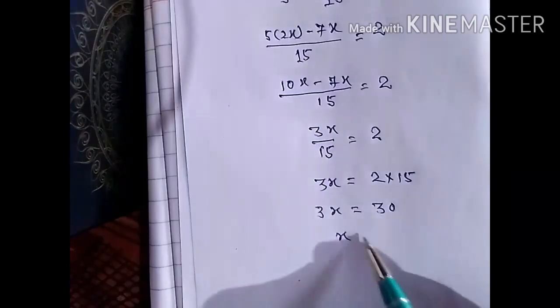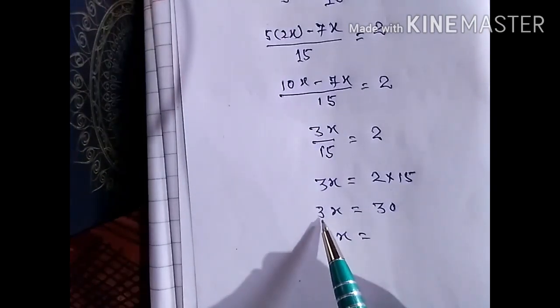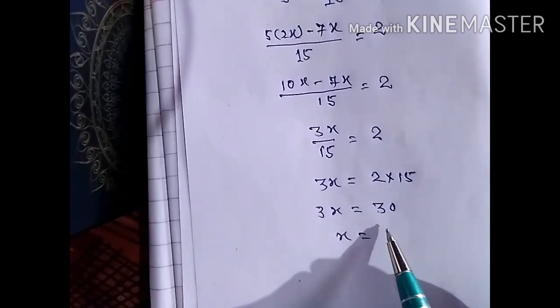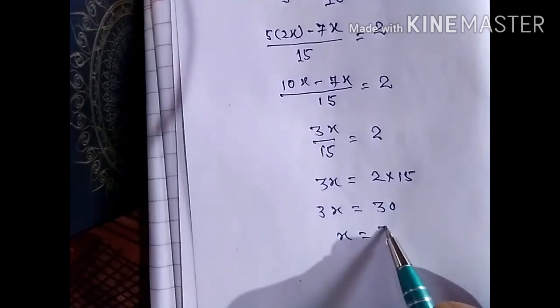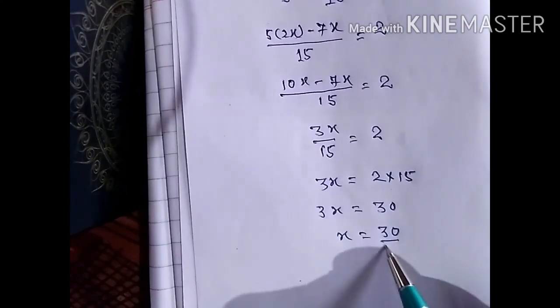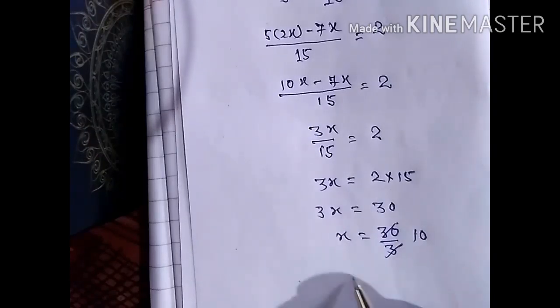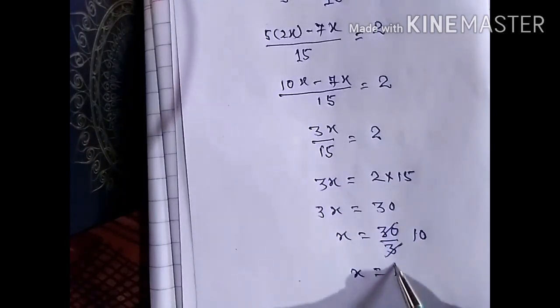Now x is equal to, student, here 3 is multiplied with x. So after transposing 3 to the right hand side, it will be divided, 30 by 3. So 3 tens are 30. So x is equal to 10.